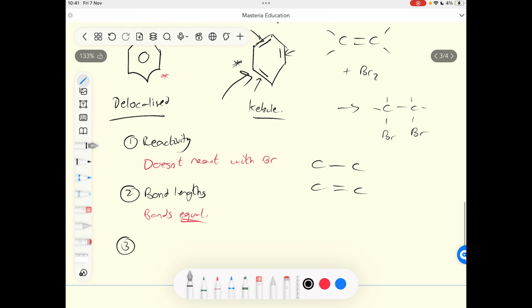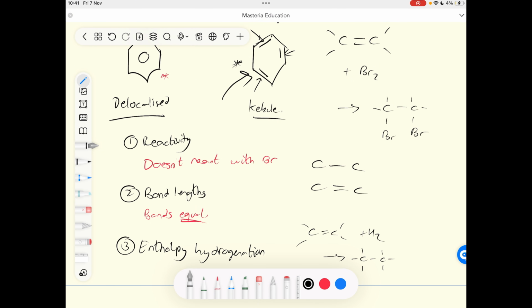The third one is to do with the enthalpy of hydrogenation. This is basically the energy required to add hydrogens to something. So when I have my C double bond, if I add hydrogens to it, we would form a molecule like this.